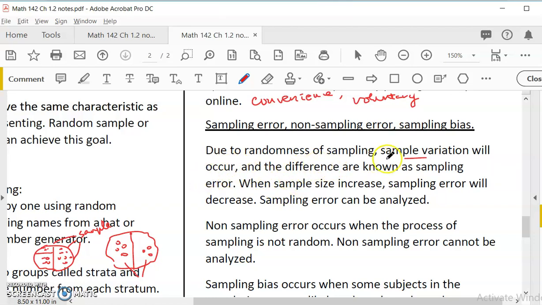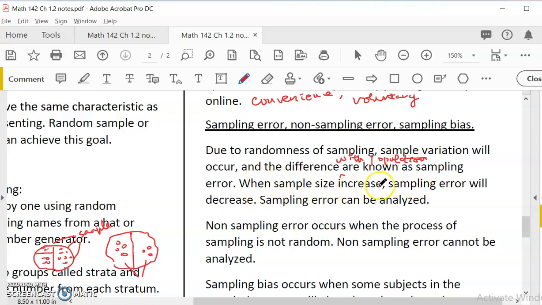And the differences between two samples are just called sample differences or sample variation. But if it's different from the population, it's called sampling error.